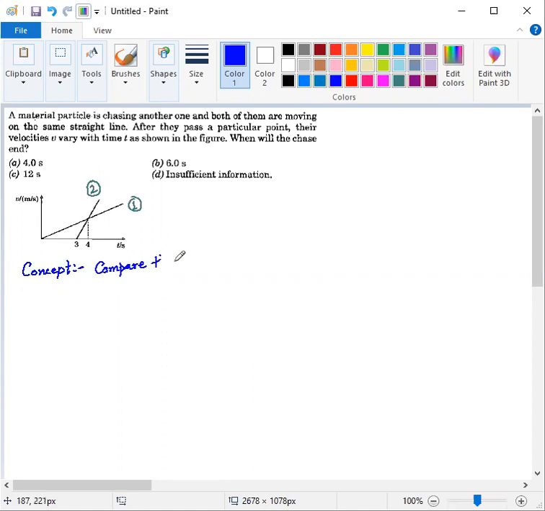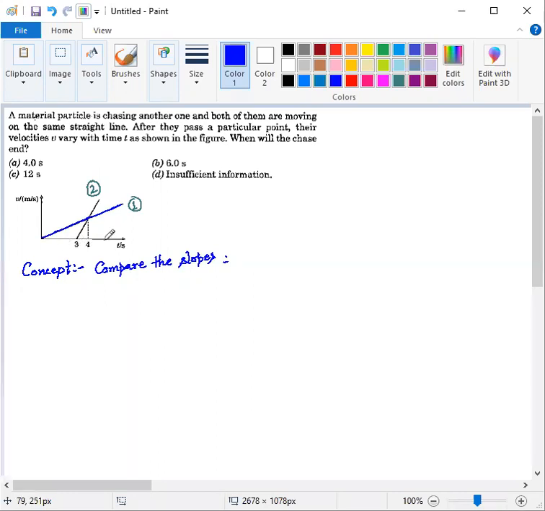If we compare the slopes, then for the first particle, which one is the first particle? This blue colored one is our first particle. So we can determine its slope.